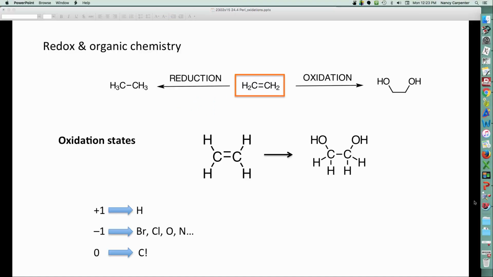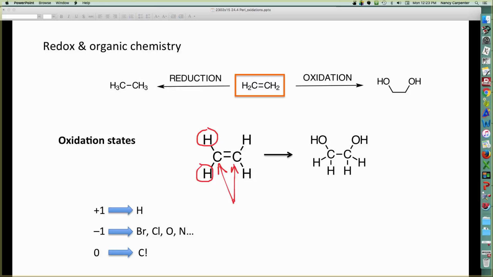So let's hammer this point home by actually looking at the change in oxidation states for this particular transformation. If we look at our starting alkene, we can see that both of these carbons are identical in terms of oxidation state. The oxidation state would be figured out by looking at what's attached to the carbon.